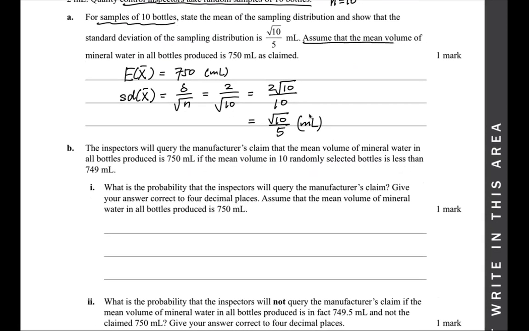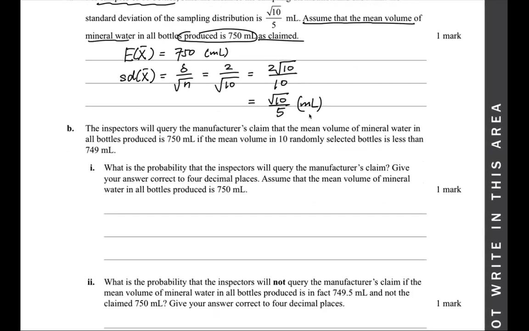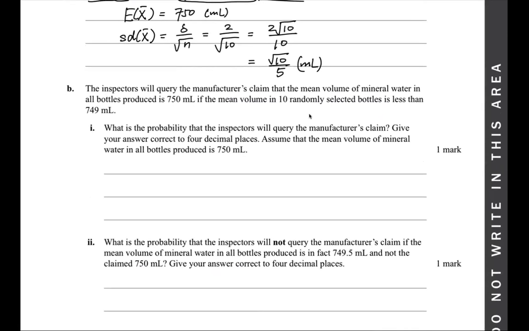Yep, we assume that the mean volume of the mineral water in all bottles produced is 750 mL as claimed. The inspectors will query the manufacturer's claim if the mean volume in 10 randomly selected bottles is less than 749. So what is the probability that the inspectors will query the manufacturer's claim? Give your answer correct to 4 decimal places. Assume that the mean volume is still 750. So X bar is normally distributed with mean 750 and standard deviation root 10 over 5.